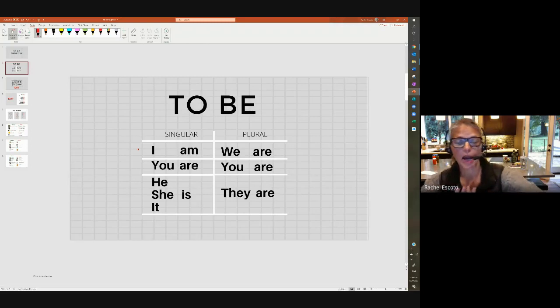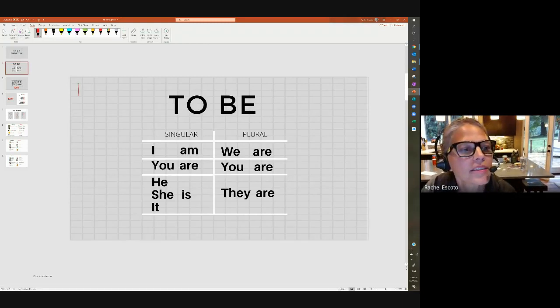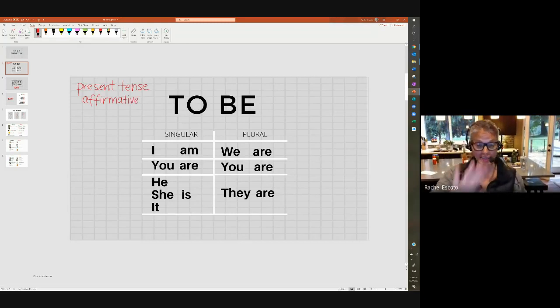That is the present tense affirmative verb to be. I'm going to even write that for you. This is the present tense affirmative. And affirmative just means positive. Affirmative just means like yes, okay?